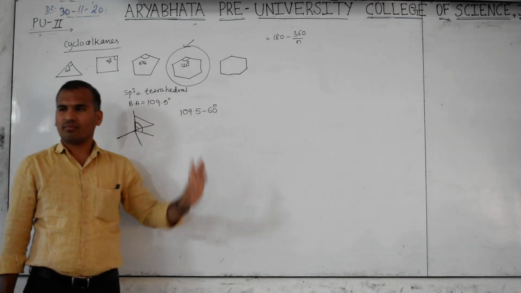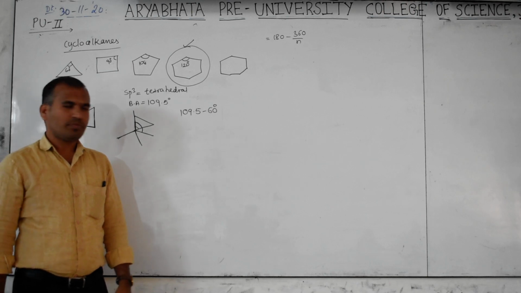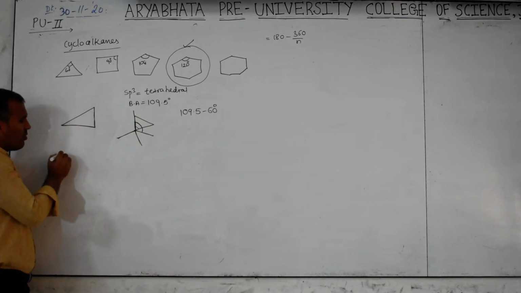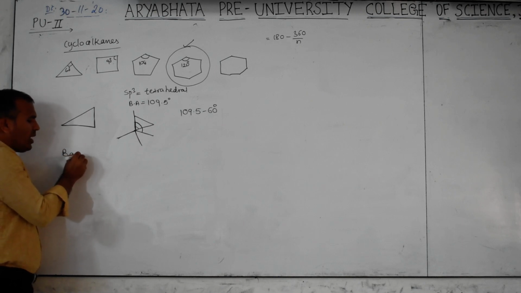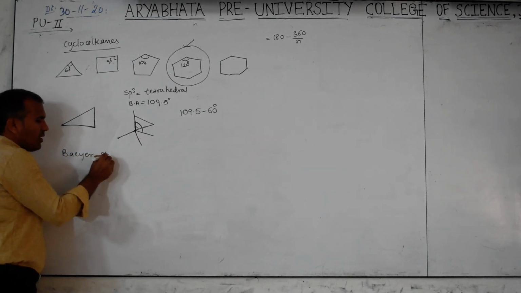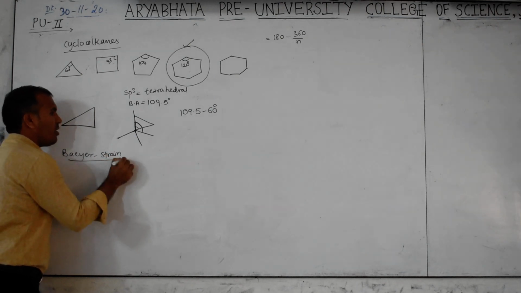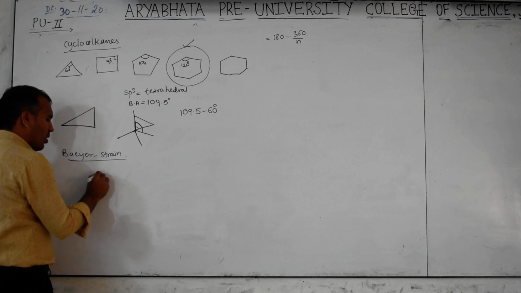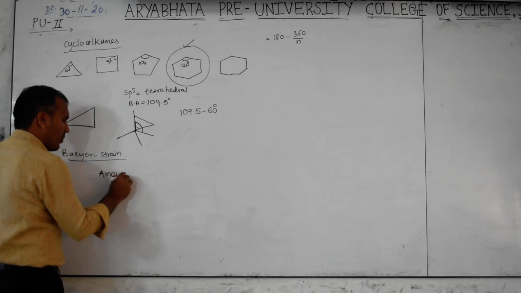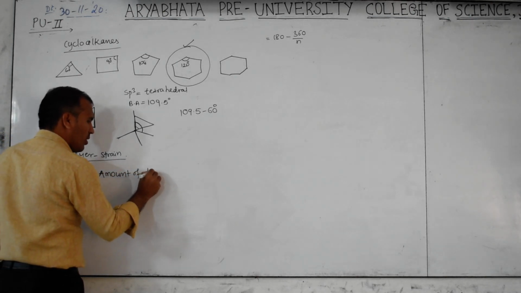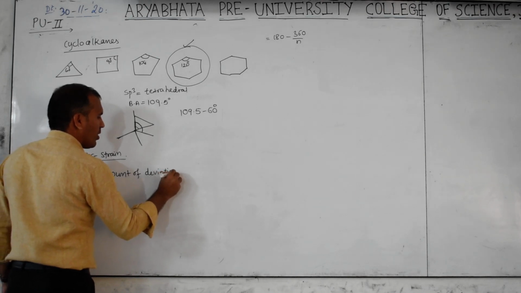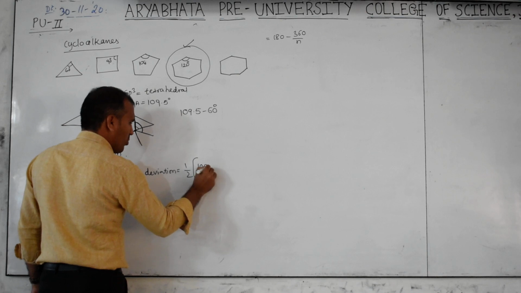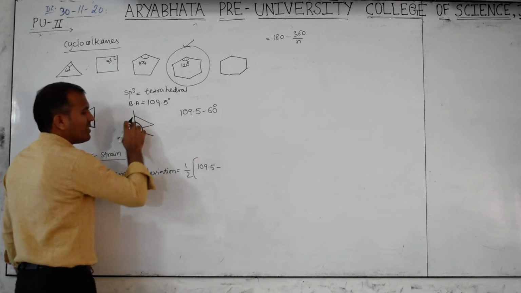What is the point here? One more theory is there. What is the theory? Bayer's strain theory. It explains the stability of these cycloalkanes. Amount of deviation is equal to half of 109.5 minus the valency angle.